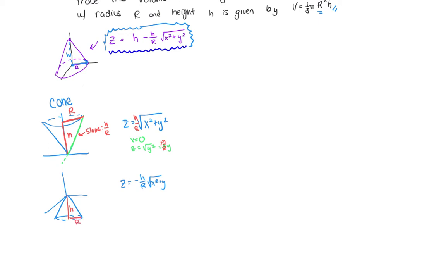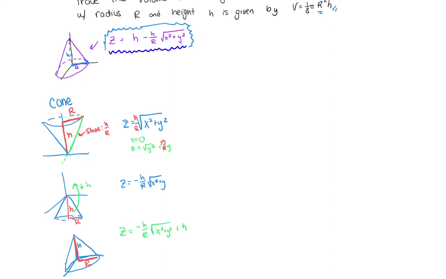And now what I want to do is just move that up h, so I'm going to add h there. This is negative h over r, square root of x squared plus y squared, plus h. And that is going to move that up by h. So now the part above the xy plane will be that cone of height h and radius r, which is what we wanted.